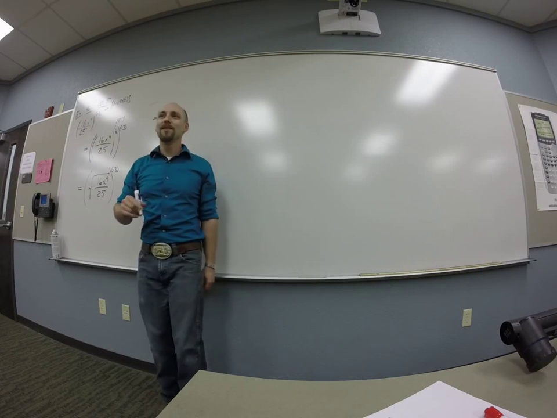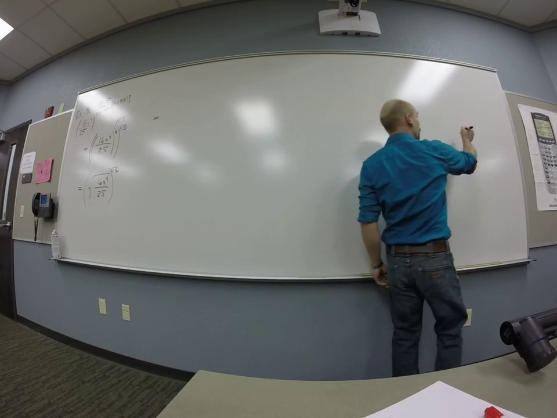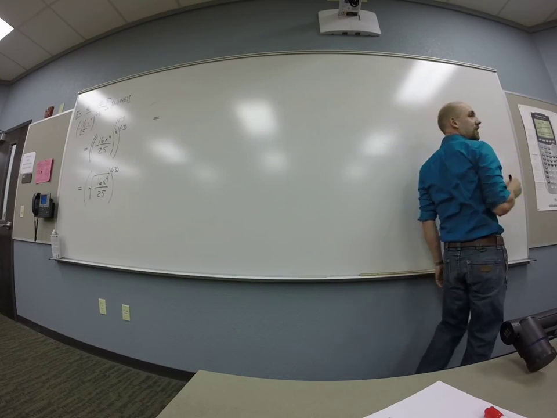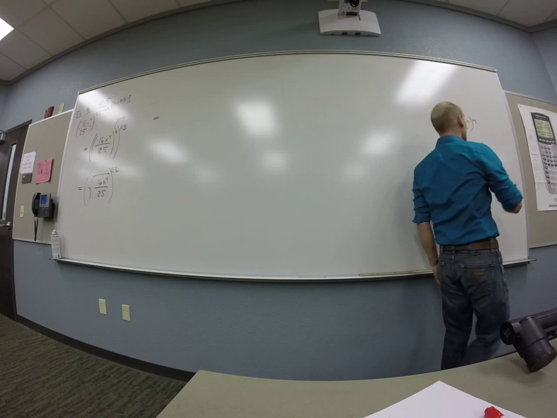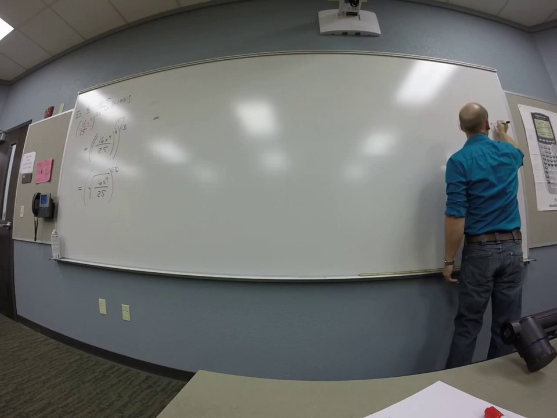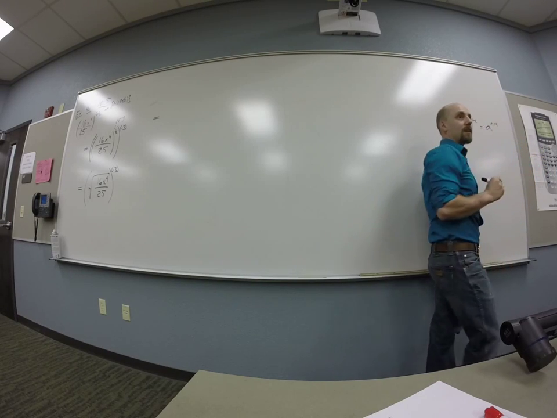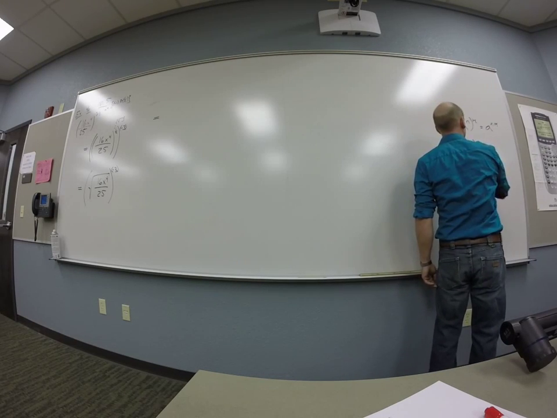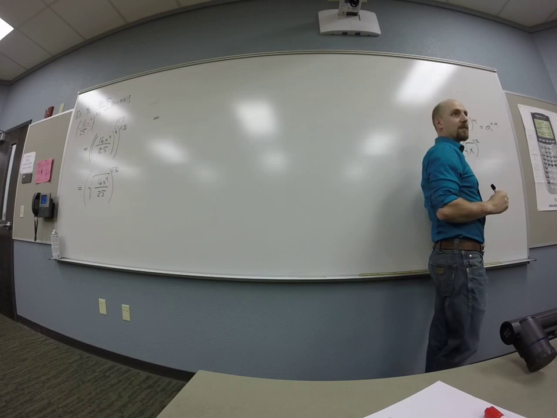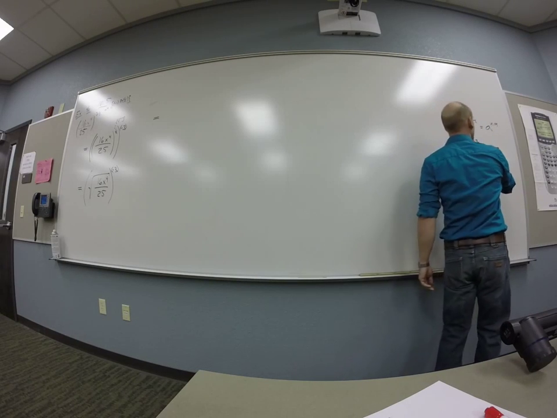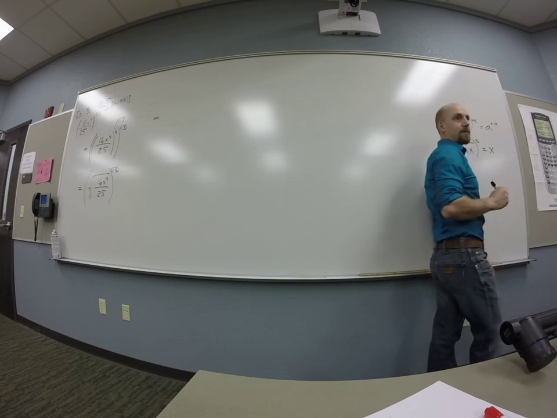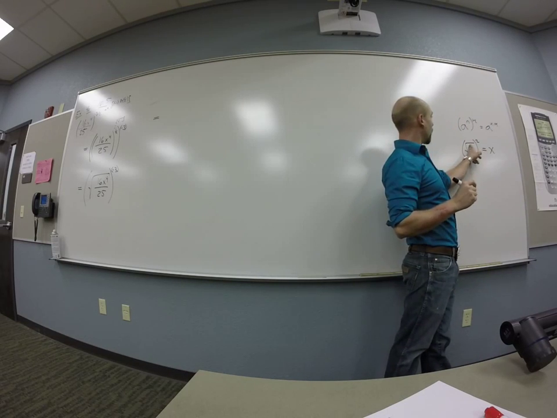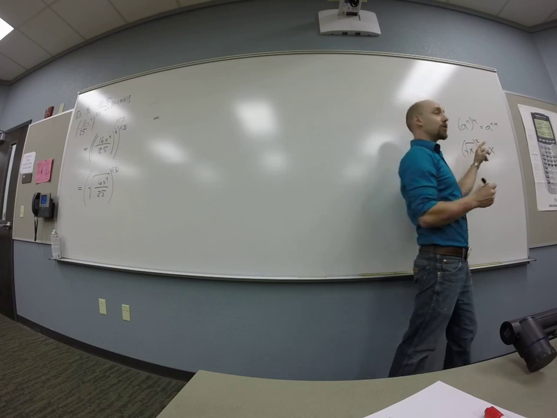So the half makes me think about square roots because I have this rule: if I have a to the n raised to the m, I multiply those two exponents. And then I think, if I have the square root of x and I square it, if x is positive, I just get x back out of this. You see that? So if I think about this as a power, I should multiply the powers.